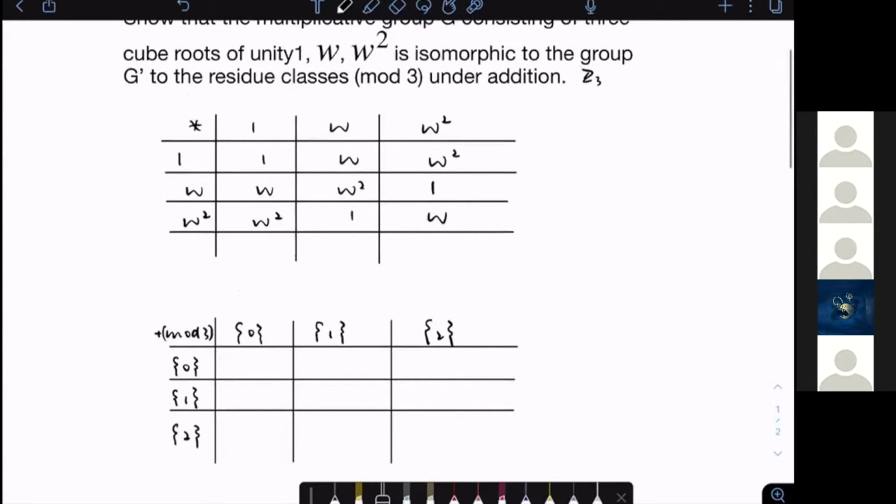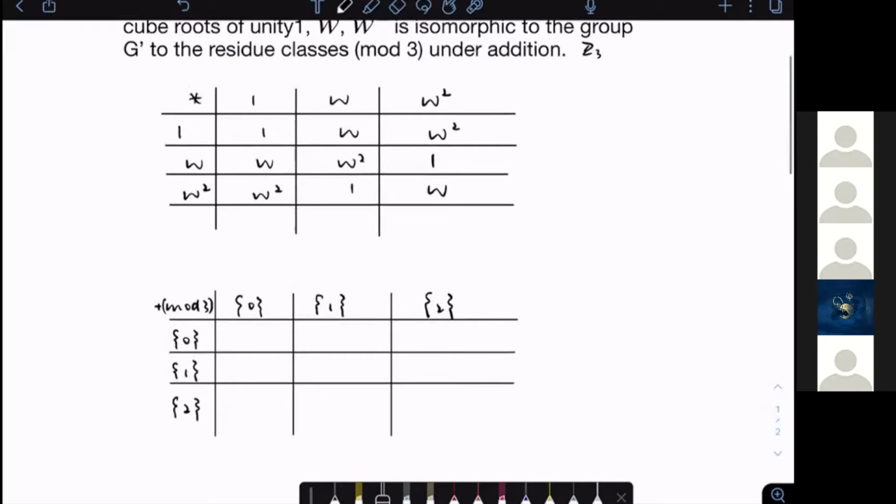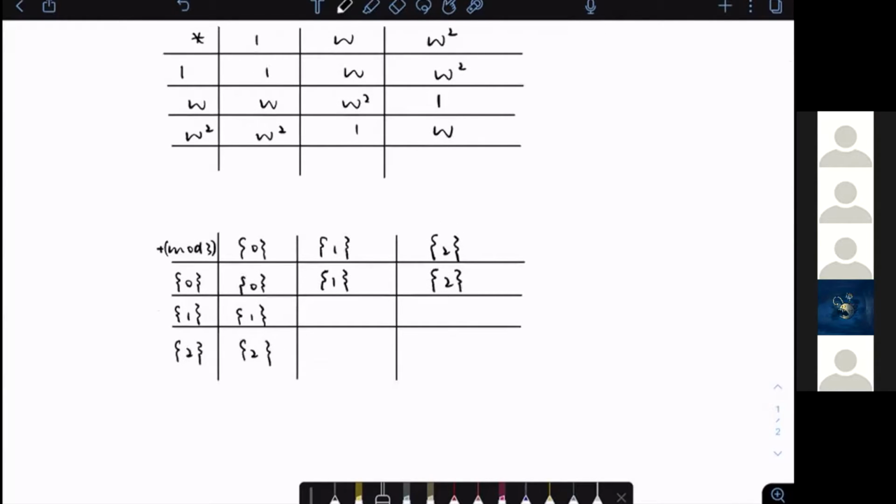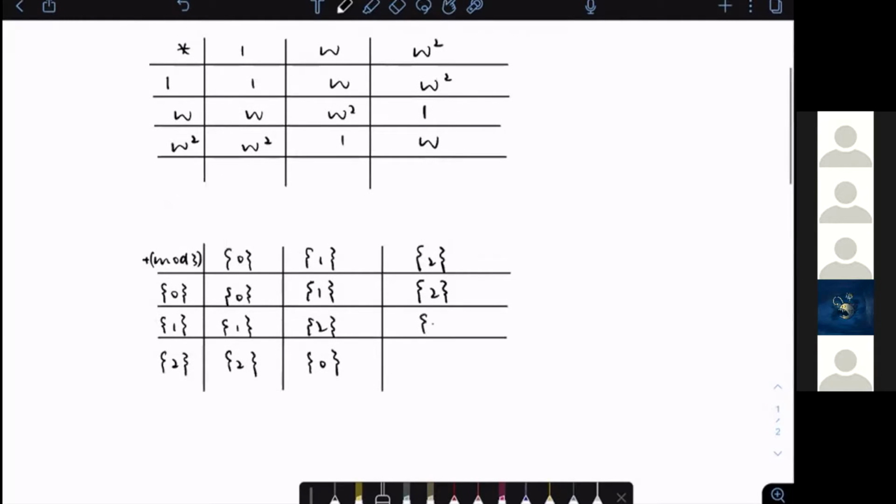Here, since it's addition, the identity is 0. So 2 plus 1 is 0.